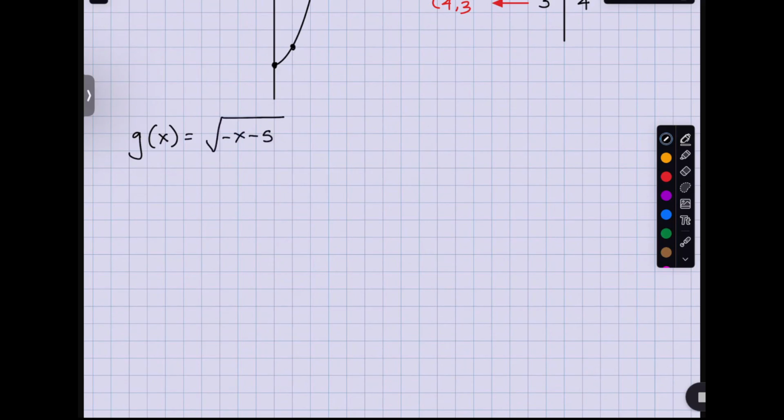So notice that this says g of x, right? So that means that's a function that's transformed already. So that means I need to know what my f of x is. What's my parent function?